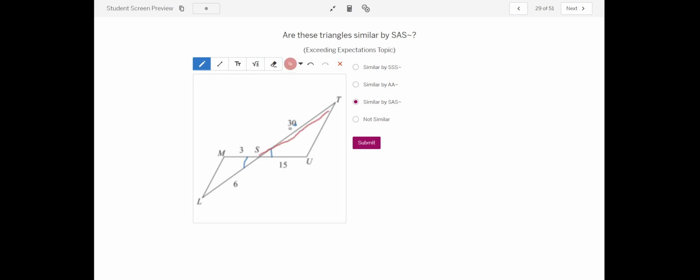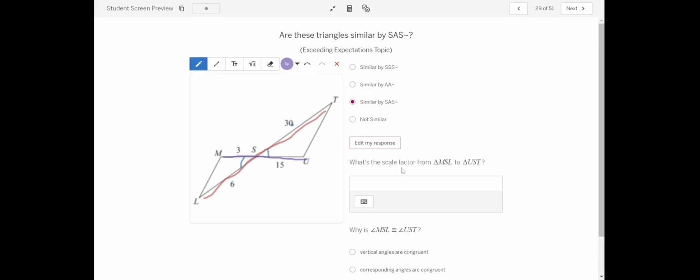Okay, so this one is proportional to this one over here. And then this one is proportional to the one over here. Okay, so notice we have two proportional sides with an angle in between them.